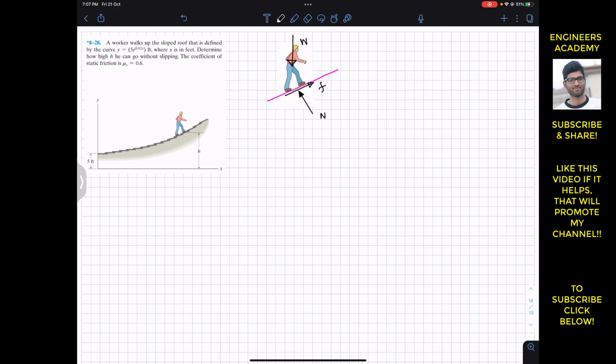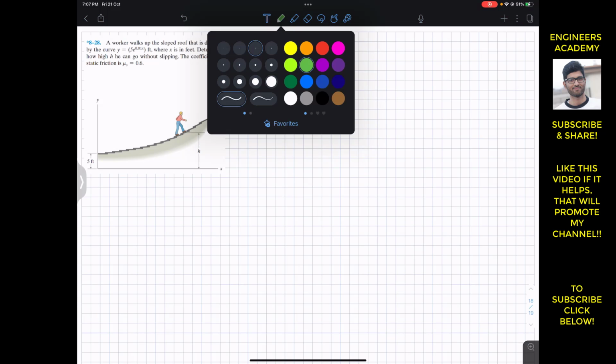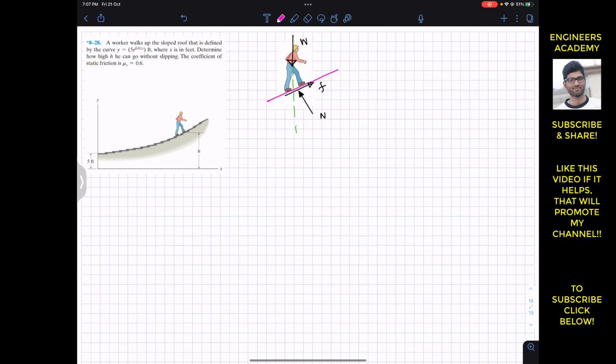Now this is the weight. If I extend the line of action of this weight, at this particular location, when the worker is here, this roof is making some angle theta. So let me mention that angle theta.